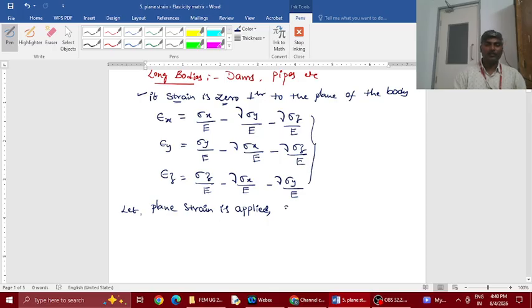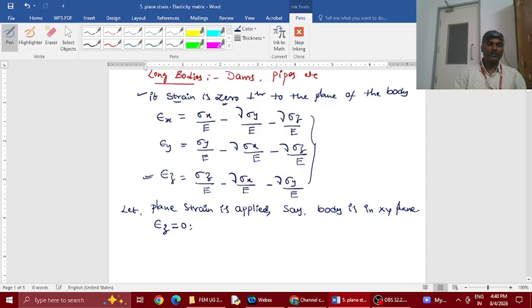Say the body is in the xy plane, then strain in the perpendicular direction is zero. So let us say epsilon z is zero.